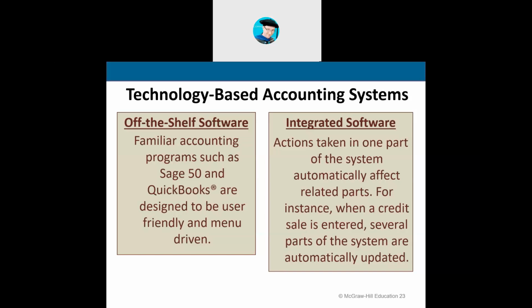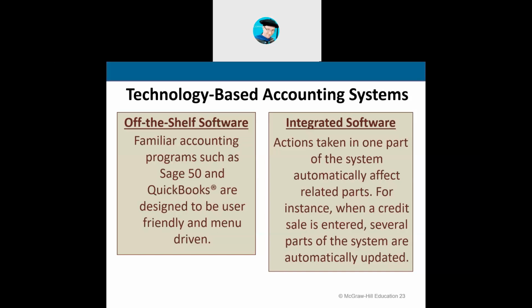The reason for that is because Excel is very user error prone, whereas something like QuickBooks or Sage 50, it's not perfect, but it helps to prevent users from making errors. For example, I might accidentally record something in Excel, whereas QuickBooks would catch that error and say, hey, I see you're trying to credit an account that doesn't match a debit.